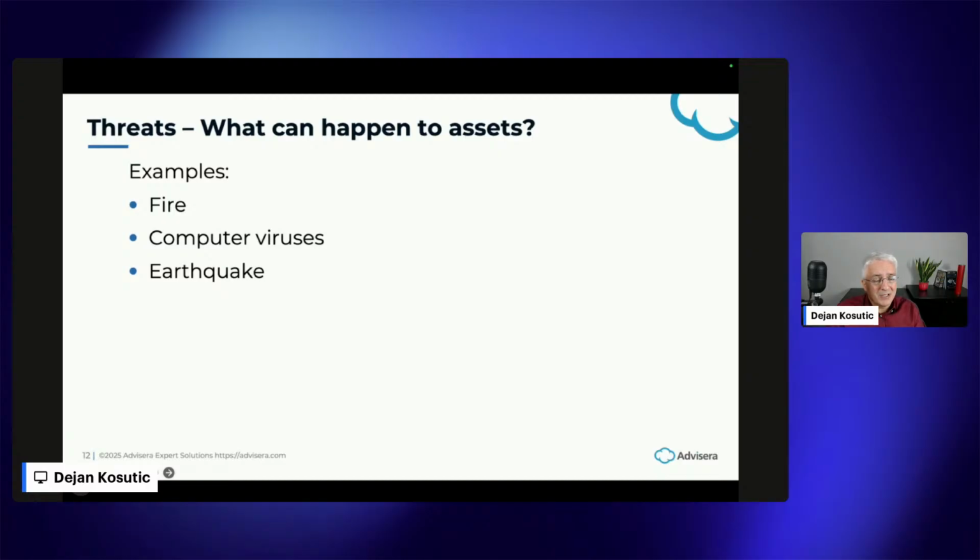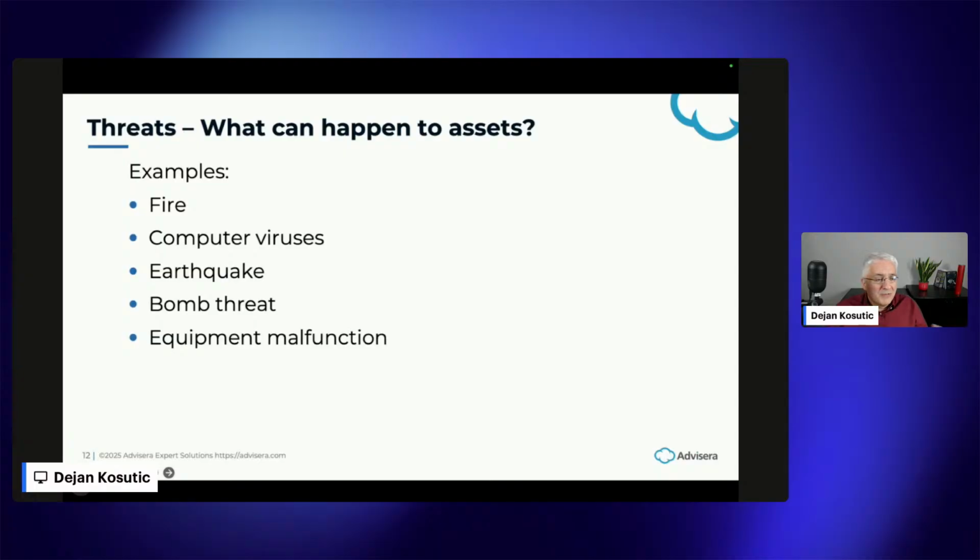If you don't have any plans, then you won't know what to do and how to react in the case of an earthquake. Bomb threat could again be a threat related to your physical assets and your people, and a related vulnerability is that you do not have any kind of incident response plans.